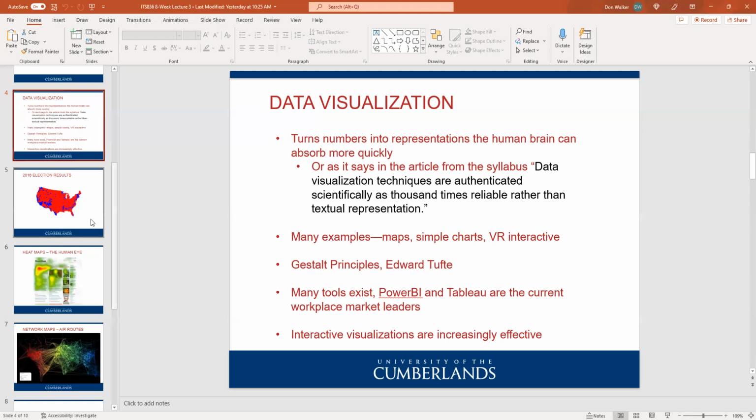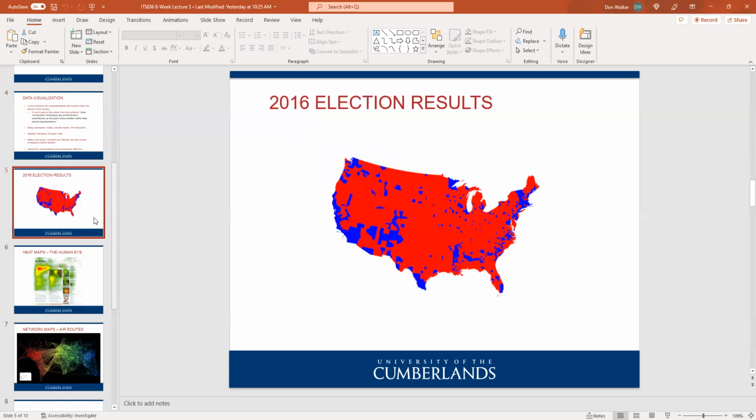So yeah, a lot of factors you can look at as a researcher. You could research the effectiveness of misleading visuals, like this one. This is county level election results from 2016.